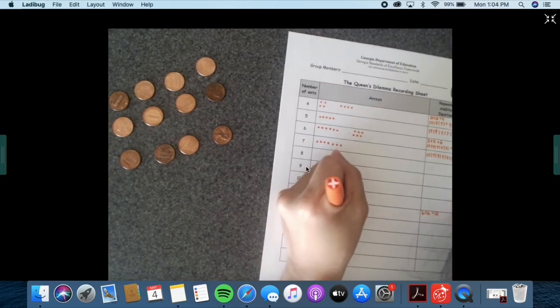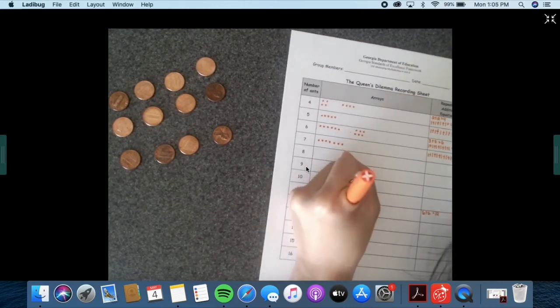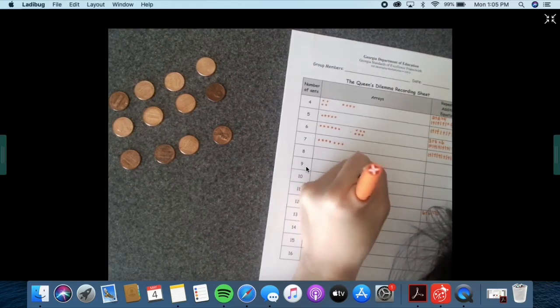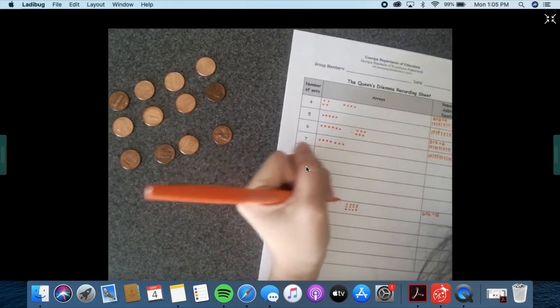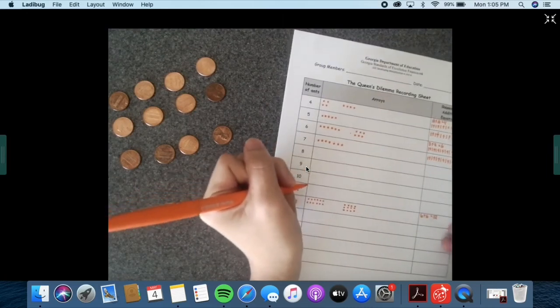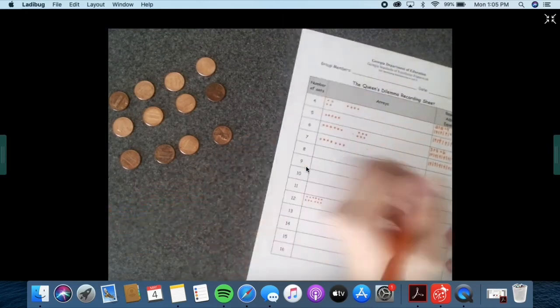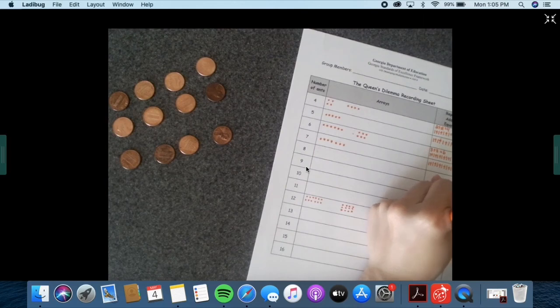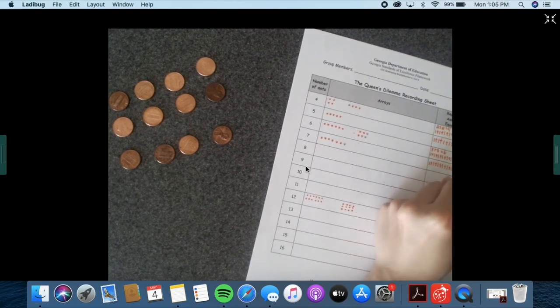So that would be 1, 2, and 3. Here's my 3 rows. And my 4 columns. So it could be 3 plus 3 plus 3 plus 3 is equal to 12.